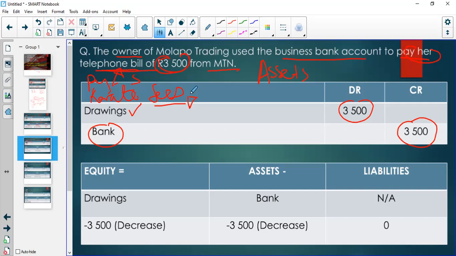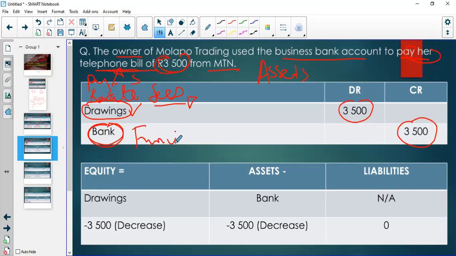All right. The owner could donate something, let's say for a wedding or for whatever it is. All right. So as long as the owner is taking something by the owner's authority, that's drawings. And what has been withdrawn here is the cash. So it could be even furniture.